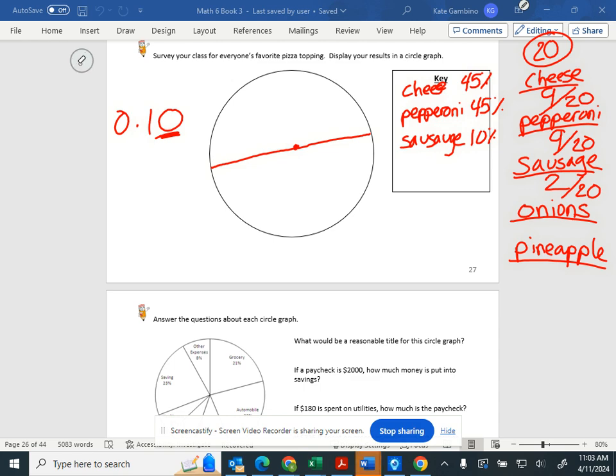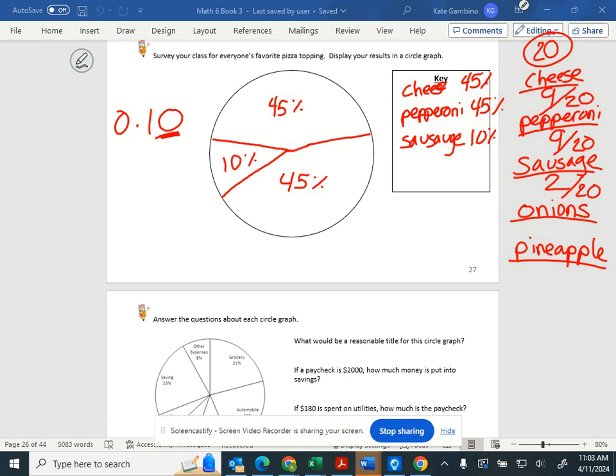So, our 45% is going to be just a little bit smaller than that 50%. So this would be a 45%, and this would be a 45%, and I'm left with 10%.